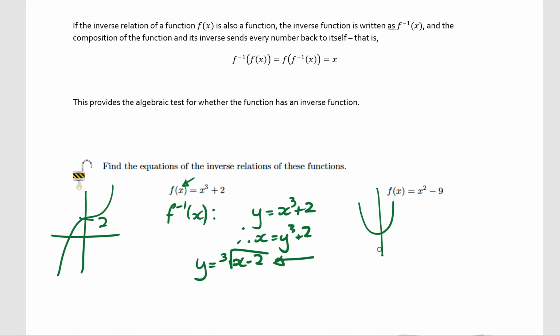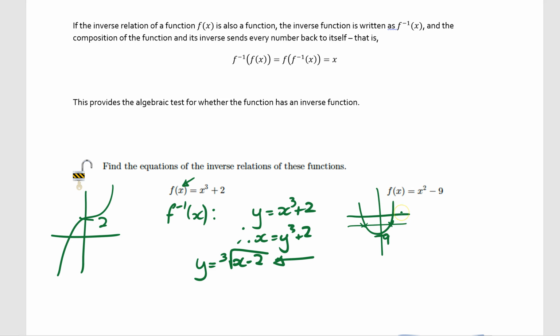We know that that's a parabola cutting down here at minus 9. It's a function, but it's going to fail the horizontal line test, which means it doesn't have an inverse function over the full domain. So we would have to restrict the domain if we were going to get an inverse function.